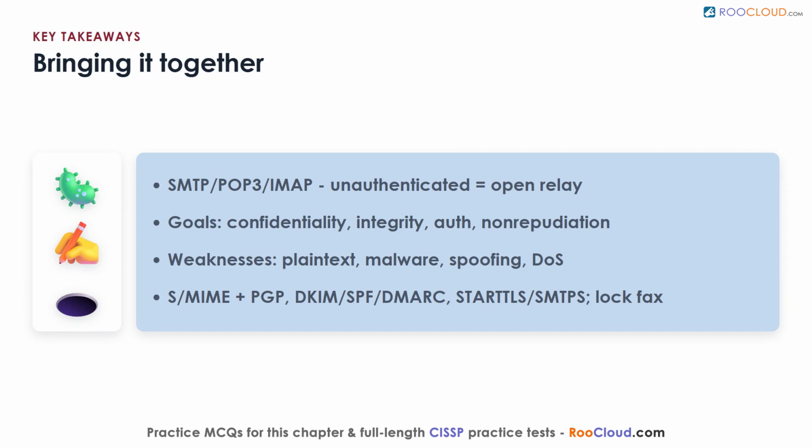You answer with message security like Secure MIME and PGP, sender authentication through DKIM, SPF, and DMARC, and transport encryption via STARTTLS and SMTPS. Then you tame attachments and spam at the gateway and lock down lingering fax. Treat email as hostile by default, and defend it in layers.